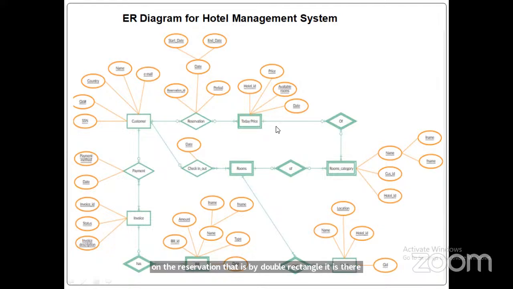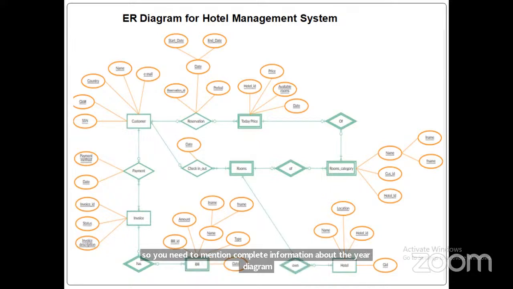So you need to mention all the relationships, multivalued attributes, composite attributes, and then draw the ER diagram. You need to mention complete information to draw entity relationship models. Is it clear?